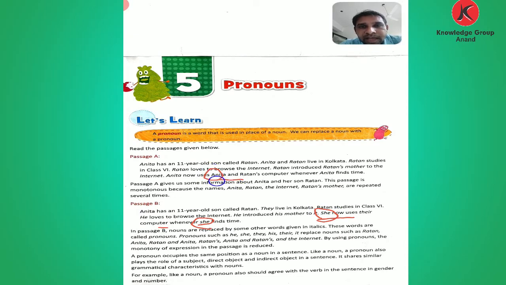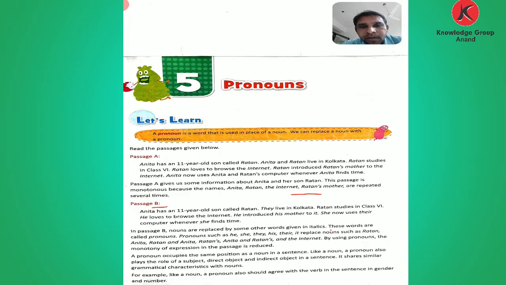Anita uses Ratan's computer, so instead of writing Ratan's computer, here we write: she now uses their computer whenever she finds time. Anita and Ratan's computer, that is why we join both together as "their". So in passage B, nouns are replaced by other words given in italics. Using pronouns instead of nouns in the second sentence is called a pronoun.